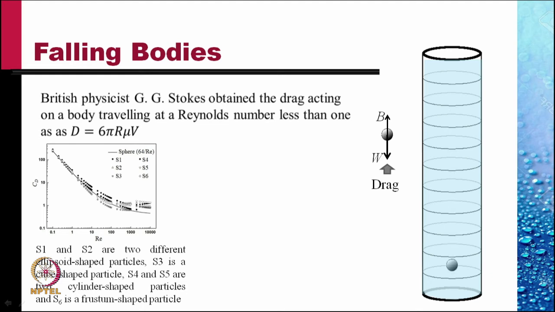So it's quite independent of the shape of the body at very low Reynolds number. Of course, as the Reynolds number increases, these particles deviate from the line for the spherical particles.